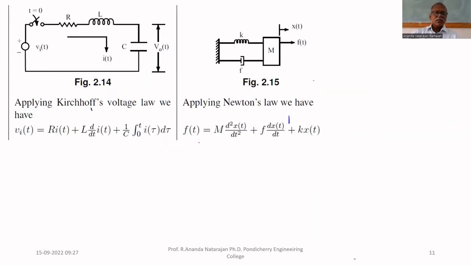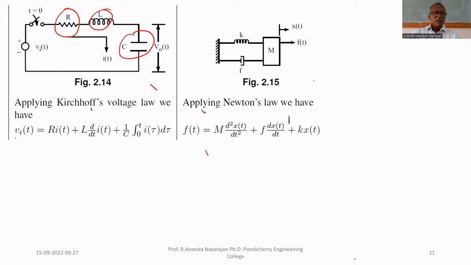The second order system, if you see an RLC circuit, already we have seen that RC circuit is a first order system. If you take an RLC circuit, R, L, and C, then it is a second order system.